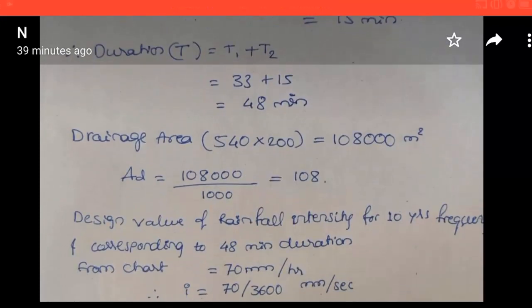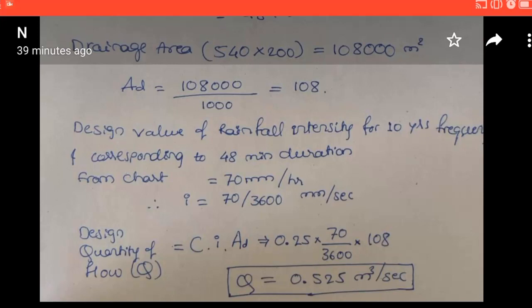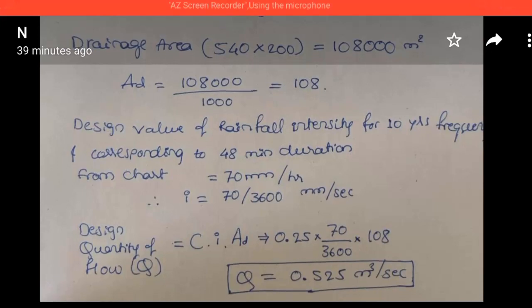Next, total duration we have calculated, and that total duration is going to help us for the second graph. And next total area, so from that we have converted into 1000 meter square, so 108. And with respect to frequency of 10 years, we have calculated I, that is 70 mm per hour, so that we have converted, 70 divided by 3600. So by this we can calculate the quantity of Q.